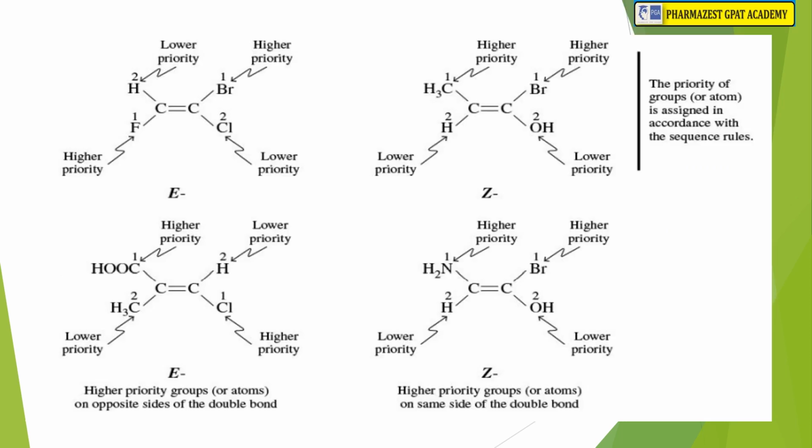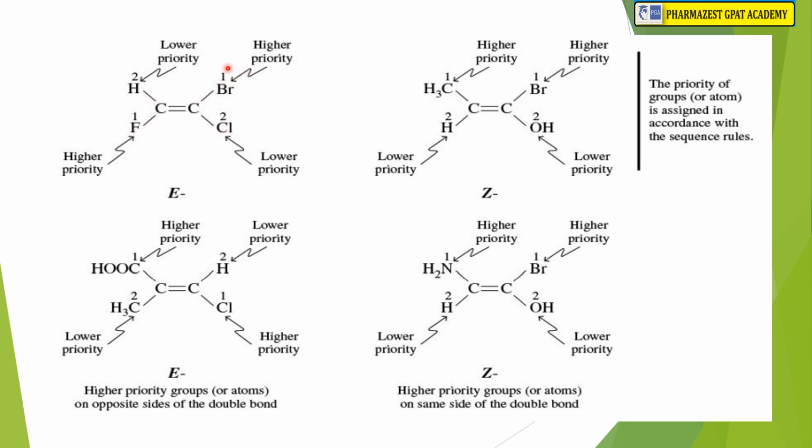Okay, this is the example. C double bond C. For example, consider this compound. Here we have an olefinic carbon atom, C double bonded C, which is attached to 4 different atoms.